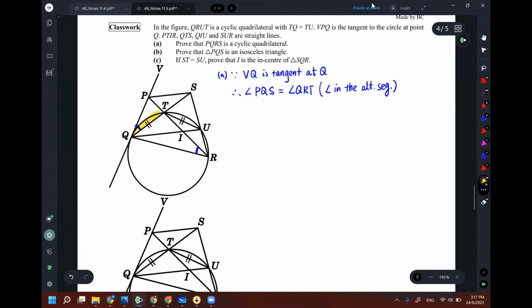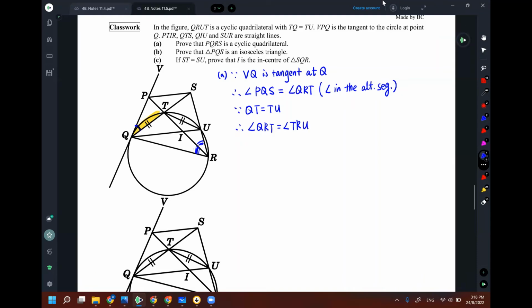You see, this is one segment, the other segment. These two are equal. And then these two, no, these two, the two next to each other. Now because QT equals TU, therefore angle QRT equals angle TRU.